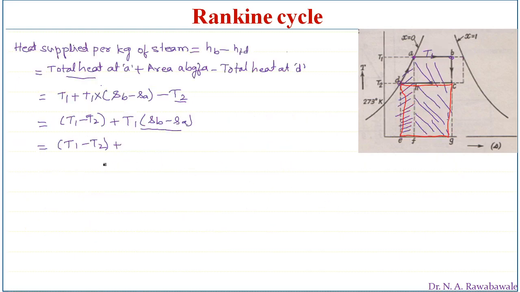Similarly here we substitute x1 HFG1 divided by T1, into this T1. T1 gets cancelled. Finally, what remains is T1 minus T2 plus x1 HFG1. So we call this equation number 2.